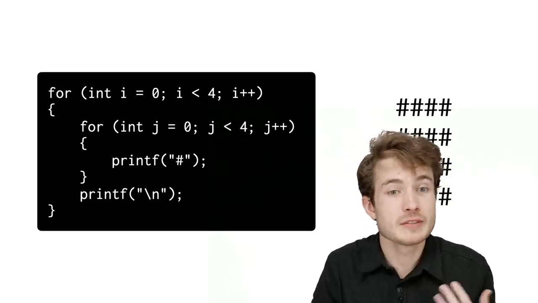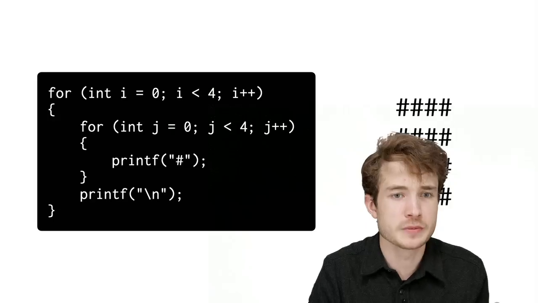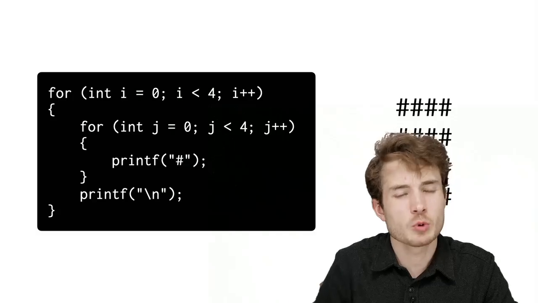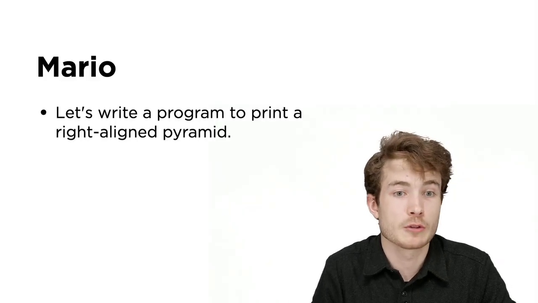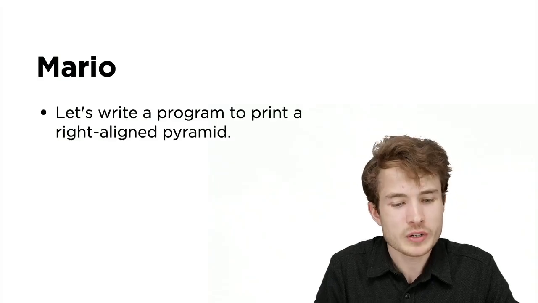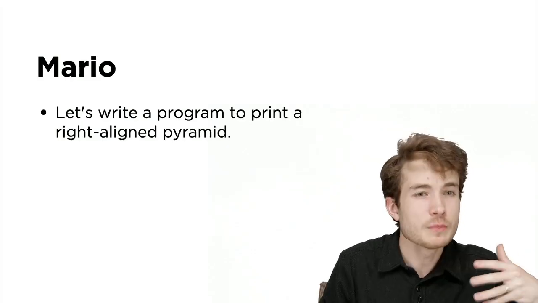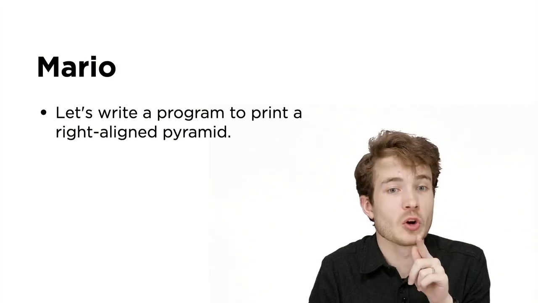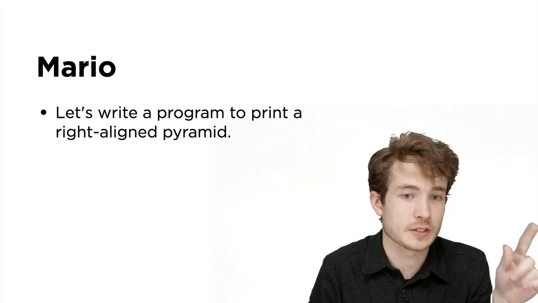Now, to help us focus even more on functions, even beyond loops in particular, let's take a first step towards writing that Mario problem that we see in this week's problem set. In the problem set, you're asked to write a right-aligned pyramid. In this case, though, we'll write a left-aligned pyramid.